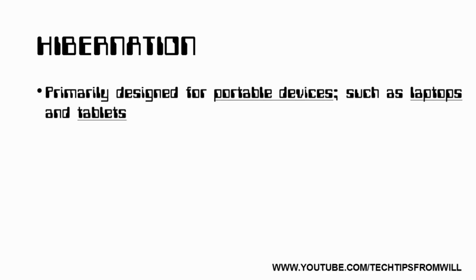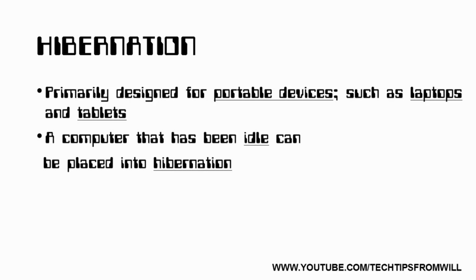Next to discuss is the hibernation feature. Hibernation is a feature that was primarily designed for portable devices, such as laptops and tablets, that rely on battery power. When a computer has been idle, that is, not used for a significant period of time, the computer may go into hibernation.